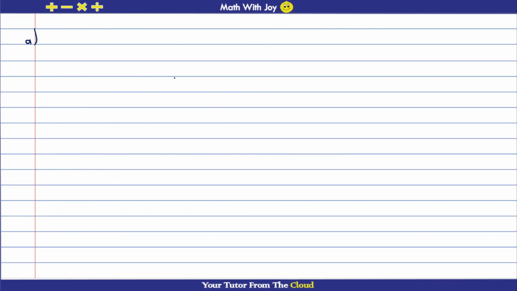We can say scores or we can just say rate. So I'm going to have a column that is the rate. Then I'm going to have another column called the tally, and then another column called the frequency.